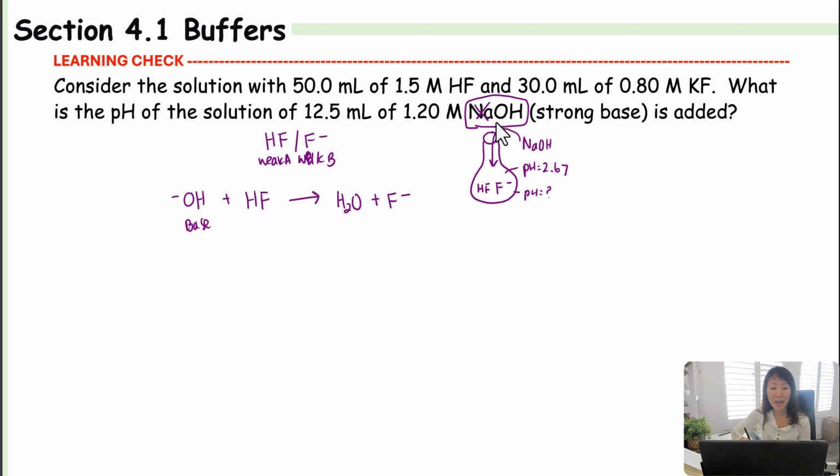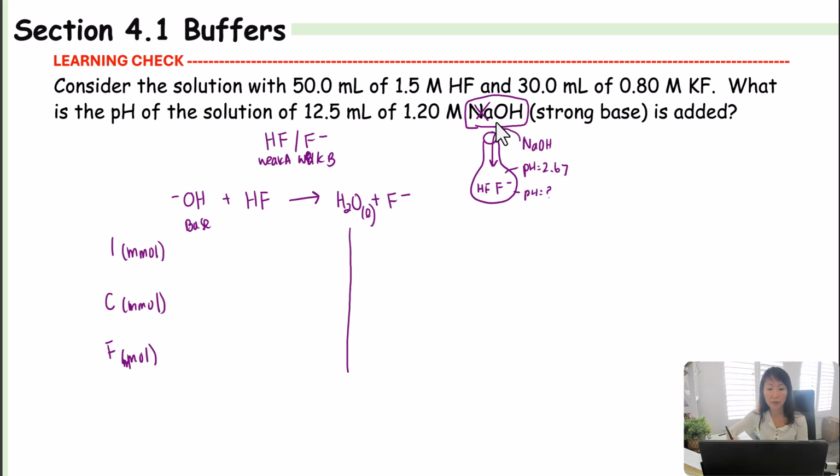Now we set up the ICF table, and this is all going to be in millimoles. What you're going to do is find the millimoles for all of these participants: the hydroxide, the HF, and the F minus, but not the water, because we don't need the water since it's a liquid.